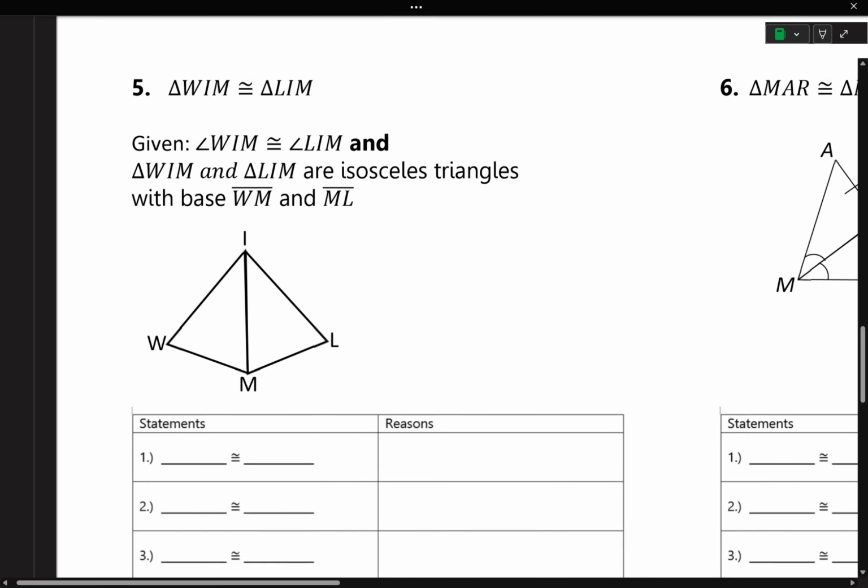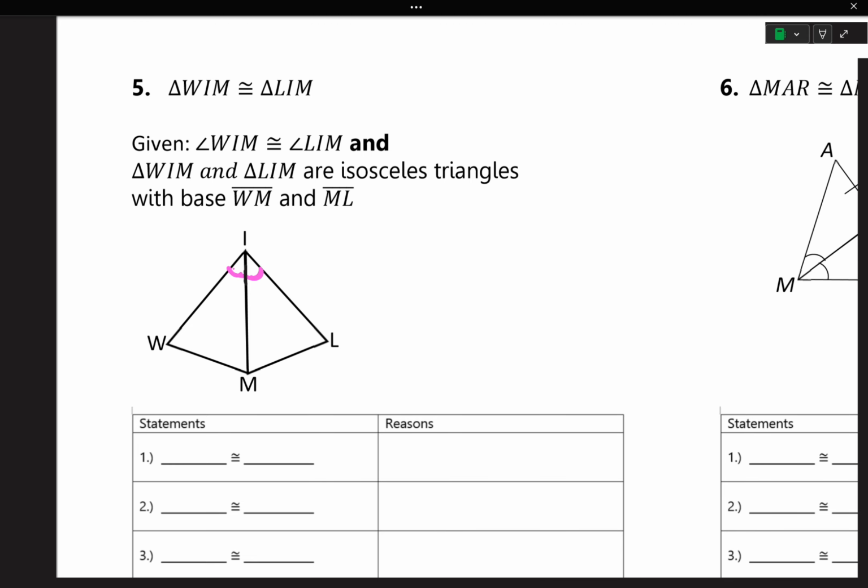We have triangle WIM congruent to LIM. Maybe. Let's see if they actually are. What are we given? We are given that angle WIM is congruent to angle LIM. Let's mark that. WIM is here, and LIM is also there.